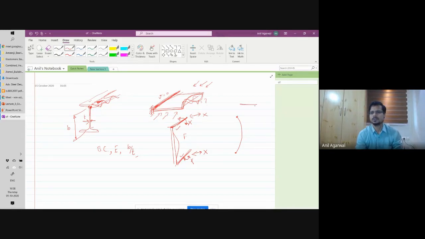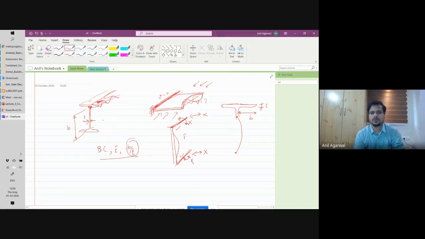So you will look at this is the flange, and something like this will be B, and this will be the T value. Okay, so this B by T will play a role in governing what is the buckling resistance of a section.